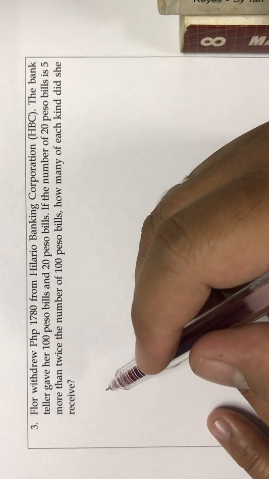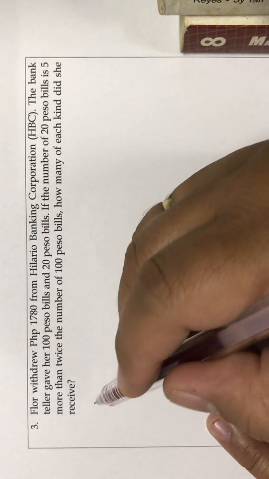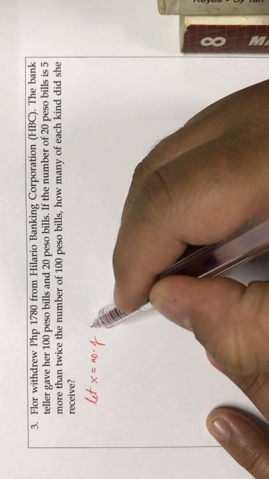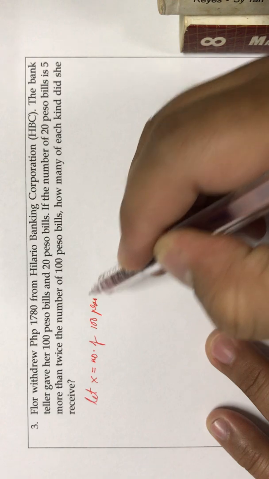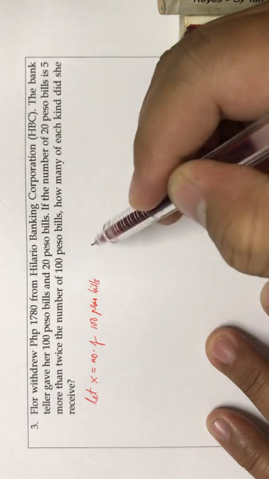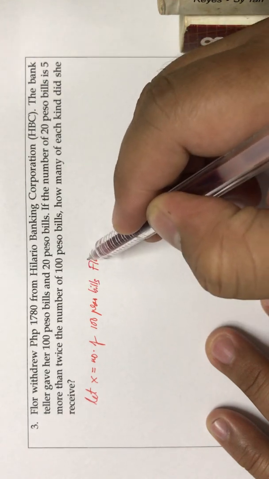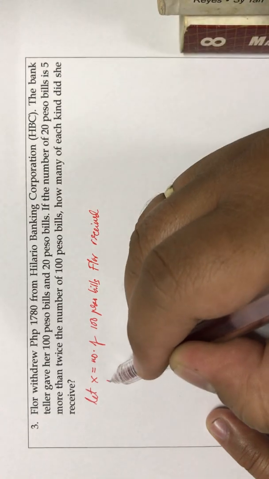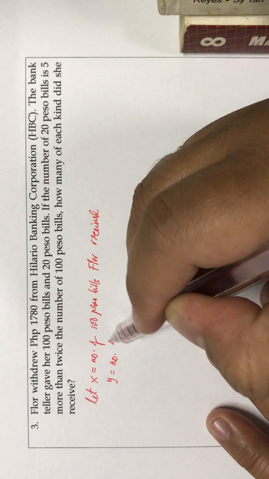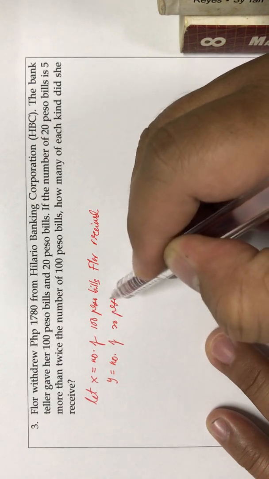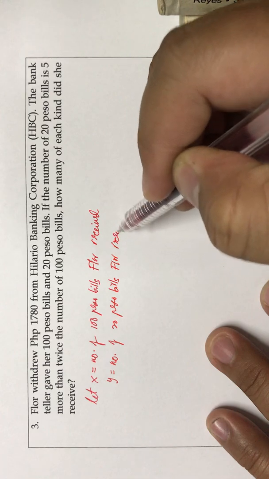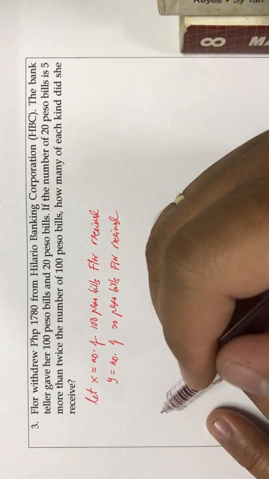So that's the unknown. So let x be the number of 100 peso bills Flor received, while y is the number of 20 peso bills Flor received from HBC.